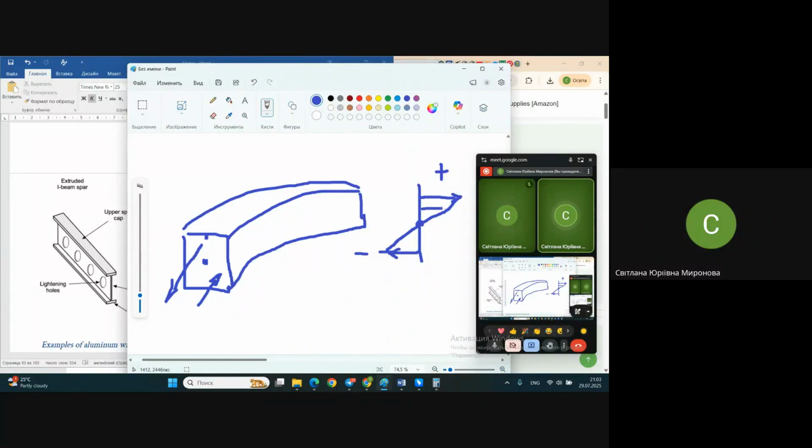Distribution of these forces is unequal in cross-section. At the outer layers we have maximum forces. In the inner layer we have practically zero forces. You know this. And do imagine that you took a piece of material which has a rectangular shape.